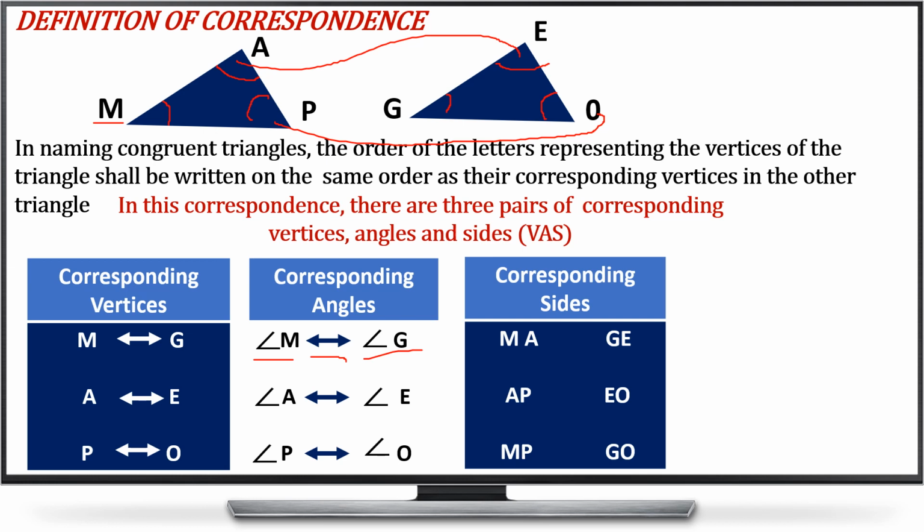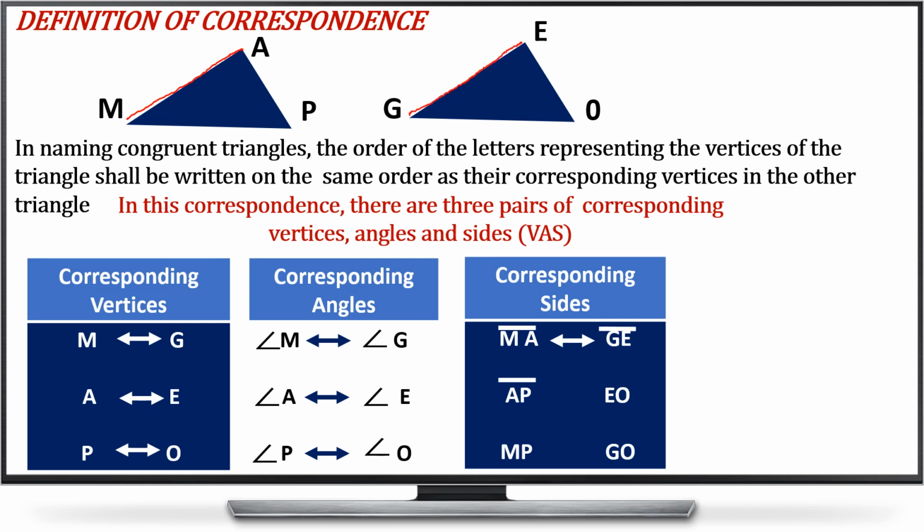How about according to sides? To identify their corresponding sides, of course, ang titingnan natin yung kanilang sides. So, in this case, we have line segment MA, ito po yun, mula dito hanggang doon. That is correspond to line segment GE. So, same position po tayo.